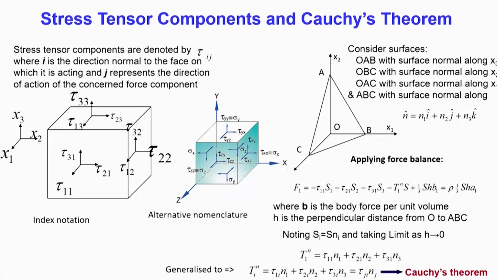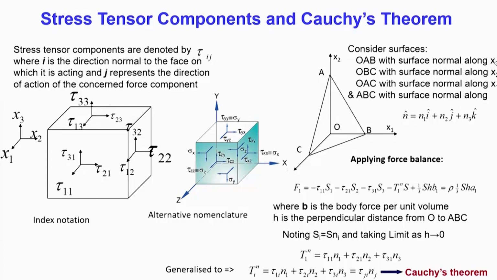If you substitute that, then S will cancel from both sides and you take the limit as h tends to 0. Why? You are interested in writing an expression at a point, whereas you started with a volume. A volume will shrink to a point when the height h tends to 0.